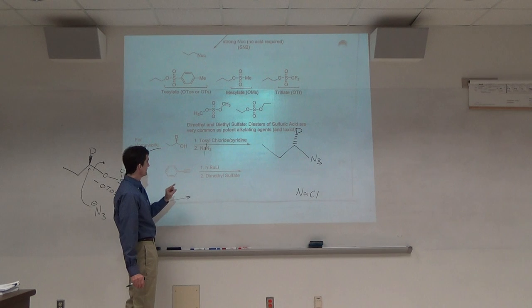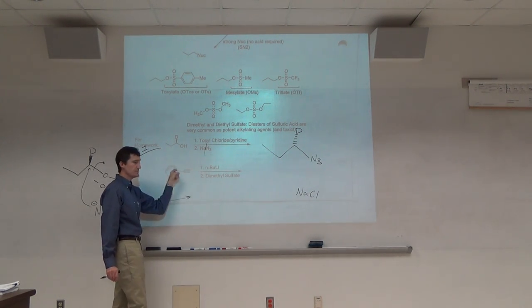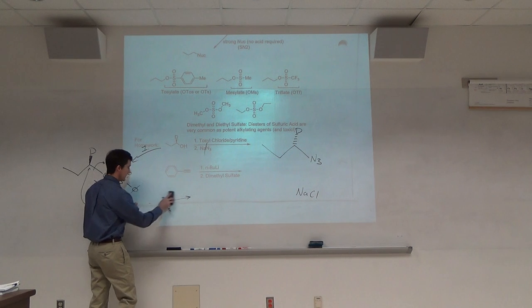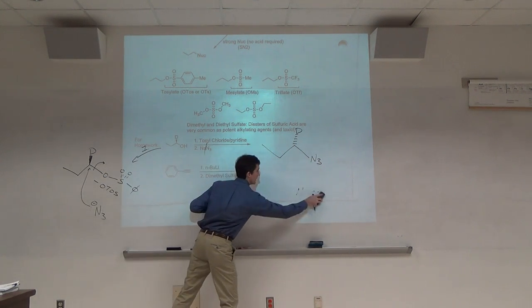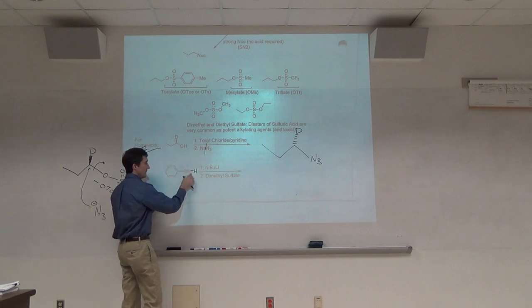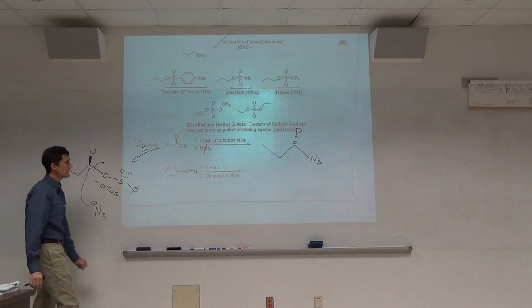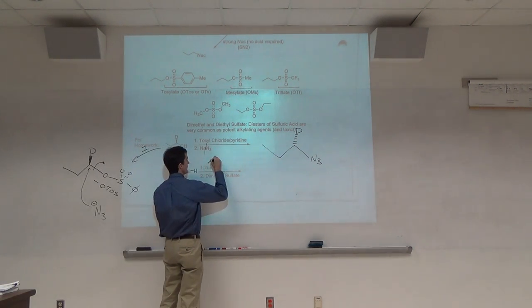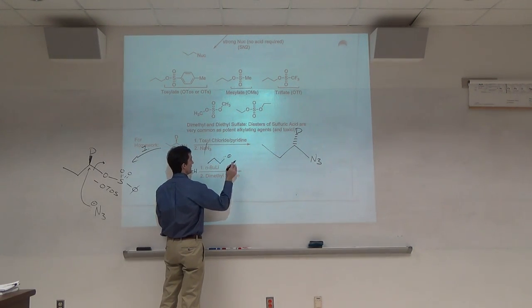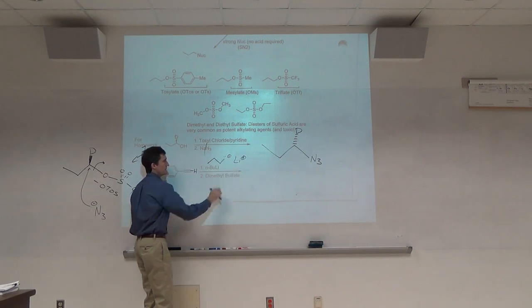Let's do the next one. We have an aromatic ring and an alkyne with n-butyllithium. What chemistry is happening in step 1? We have this acidic proton here. The H of a terminal alkyne is acidic. n-Butyllithium is a great base. It can be shown ionic, n-butyl anion, lithium plus.